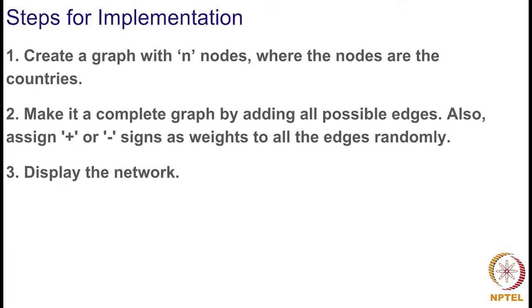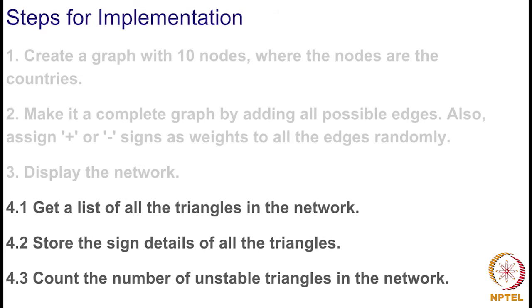Once the network is created, our aim is to analyze the unstable triangles in the network. So what we are going to do is create a list of all the triangles in the network. If there are n nodes, there are going to be n choose 3 possible triangles in the network. Since we have to check whether these triangles are stable or unstable, we will store the sign details of all these triangles.